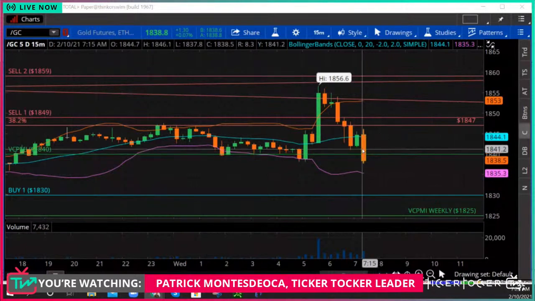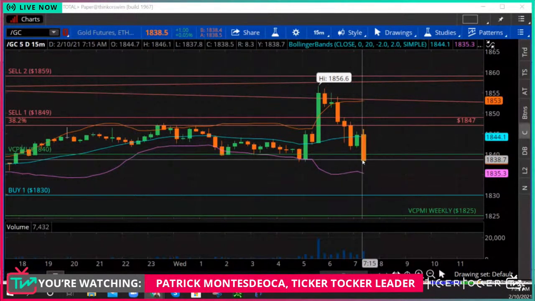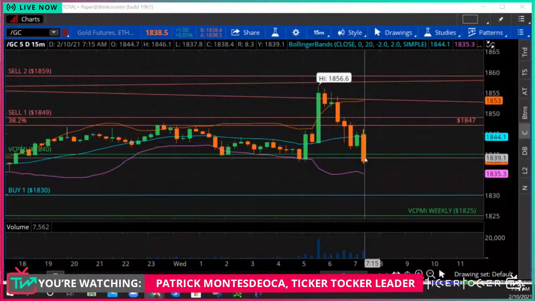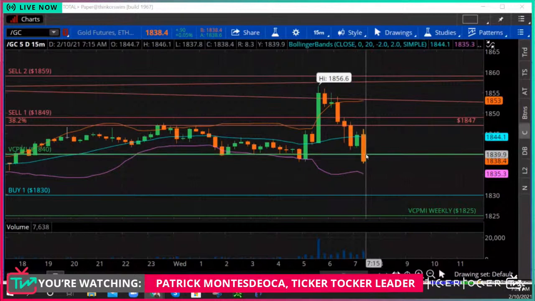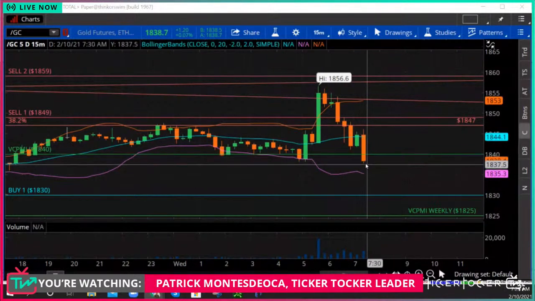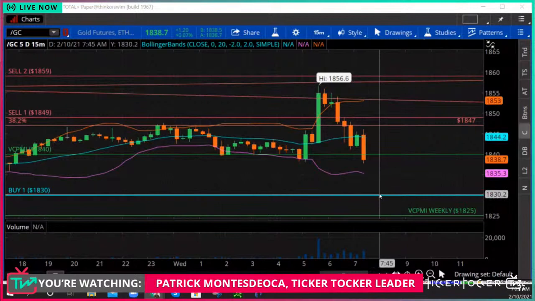So now that we have traded below the average price, the trend momentum is bearish, and it has negated the previous bullish trend momentum. What we're seeing now is the momentum unfolding to a bearish momentum, and the target 1830 now is in place.